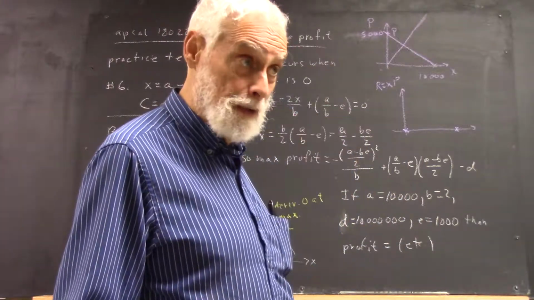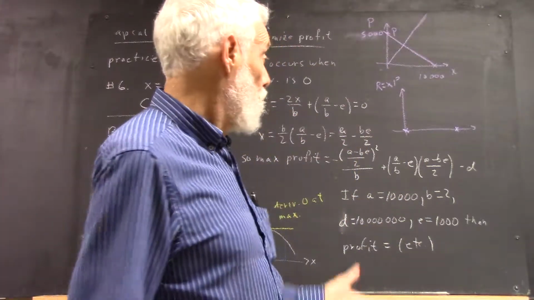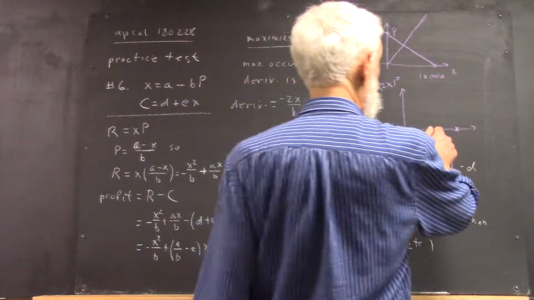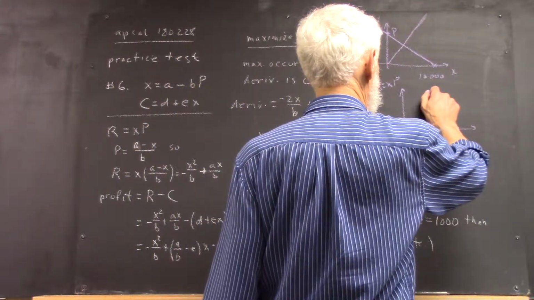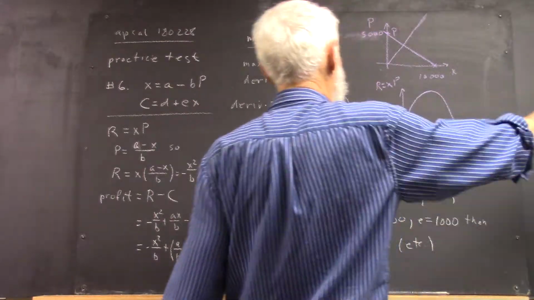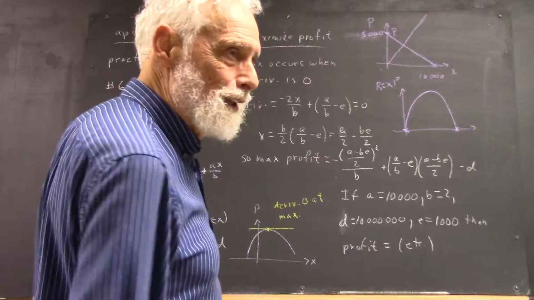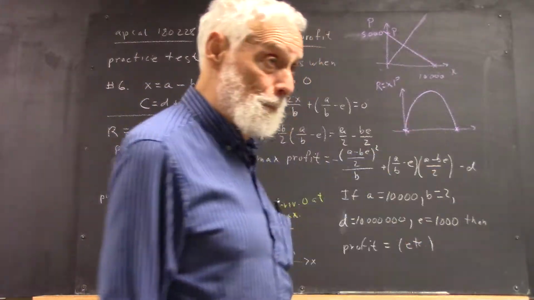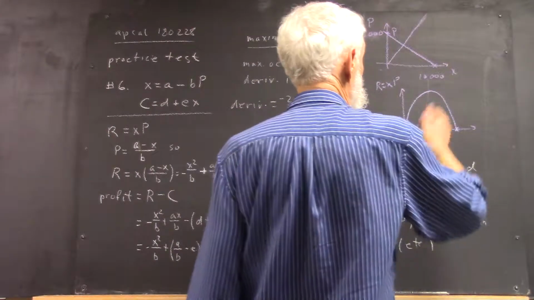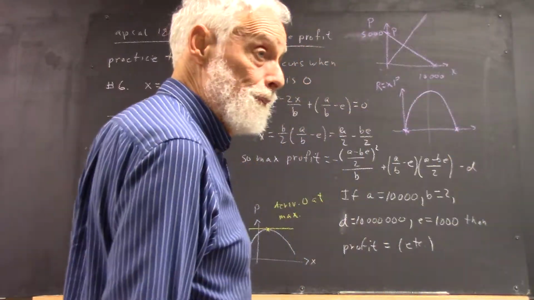It's going to be quadratic. We know then that the graph is going to be a parabola and that it's going to peak halfway between the two zeros. Okay, I didn't peak where I intended to, but you understand. By the symmetry of a parabola, it's going to peak halfway between the zeros.